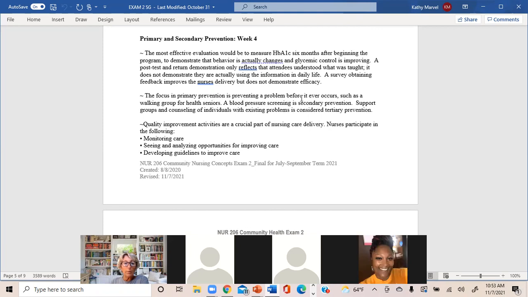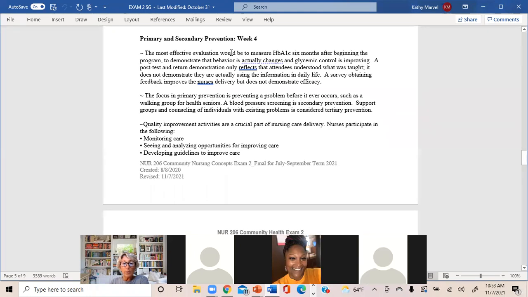Great. Super. So let's talk about primary and secondary. This is a scenario: the most effective evaluation would be to measure your A1C 6 months after beginning the program to demonstrate that the behavior is actually changing.